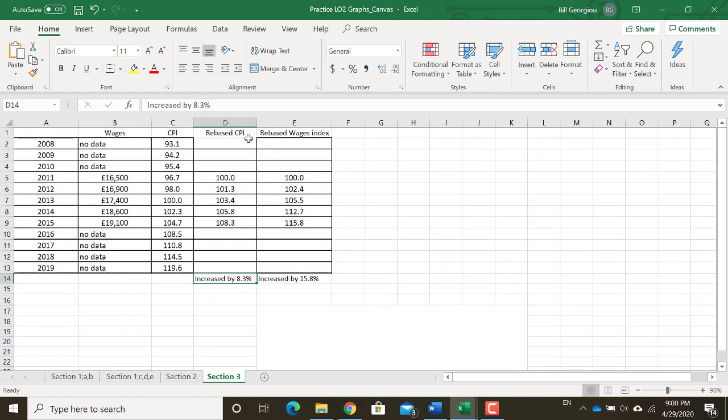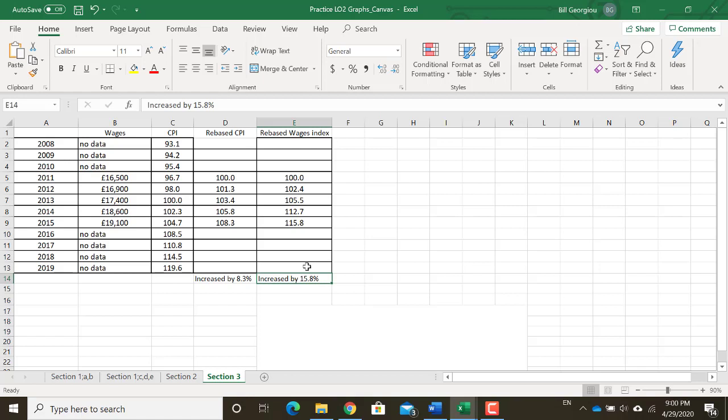That tells us that although the prices of our basket to buy things, the average prices to buy things like transportation and healthcare and so on, have increased by 8.3%, the salaries of the people who are working in our stores, for this instance, have increased by 15.8%.